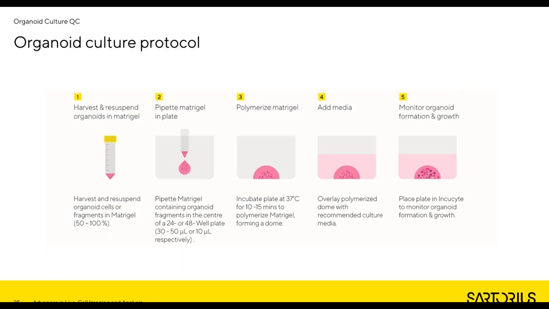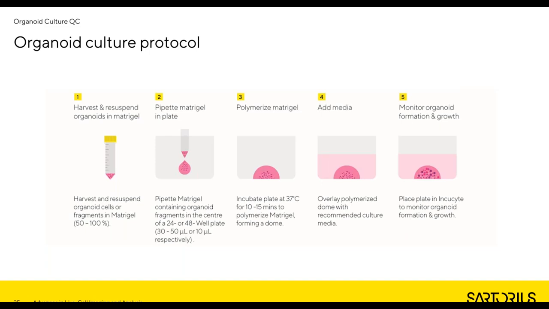And this is essential for optimal imaging and subsequent analysis using the IncuSite. So briefly, your cells of interest or organoids of interest are harvested according to the model-specific guidelines and resuspended in Matrigel. The Matrigel solution containing your organoid fragments or cells can then be pipetted into the center of a 24 or 48 well plate.